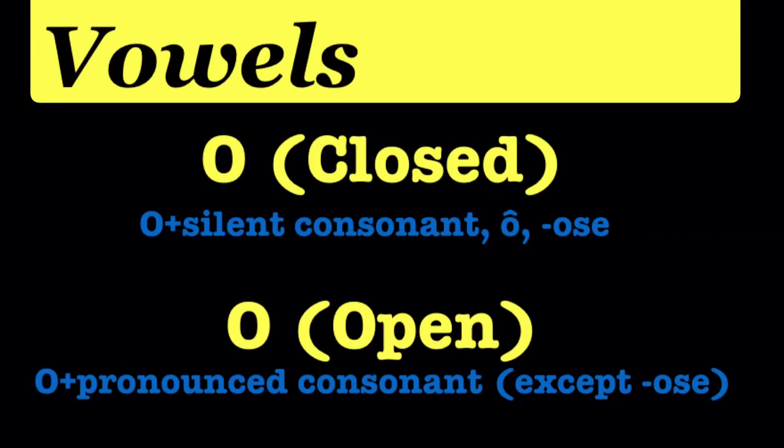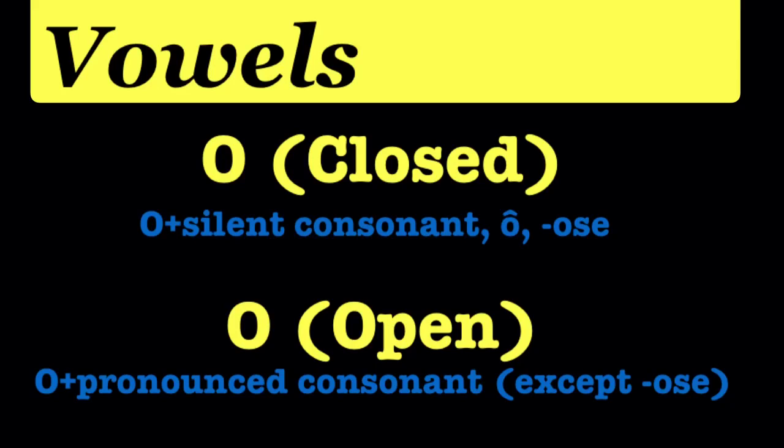So that brings us to the letter O, which in French has two main possibilities when it's the only pronounced vowel in a syllable. We have what's called the closed O, which sounds like O, and the open O, which sounds more like O. So the O is closed in the following three cases. Either when you have O followed by a silent consonant, basically when O is the final sound in a word.